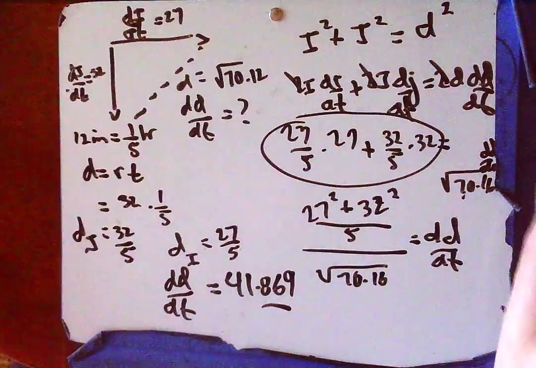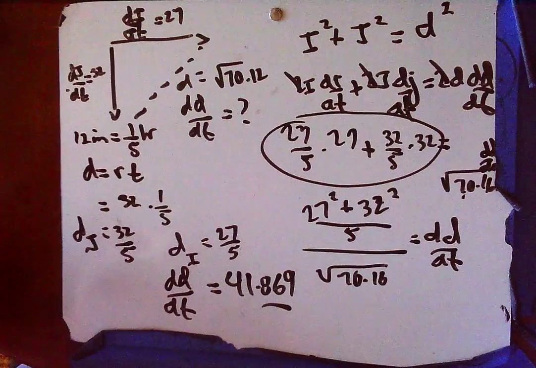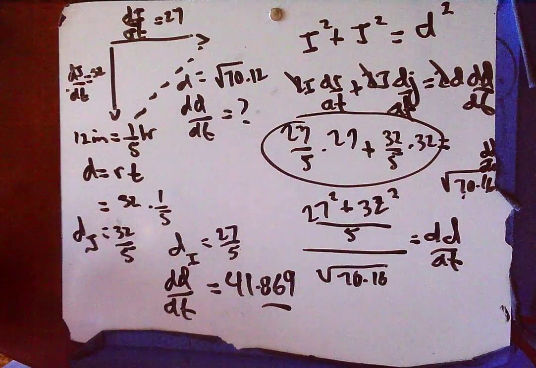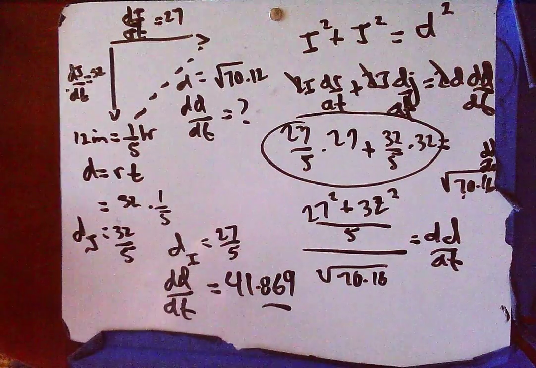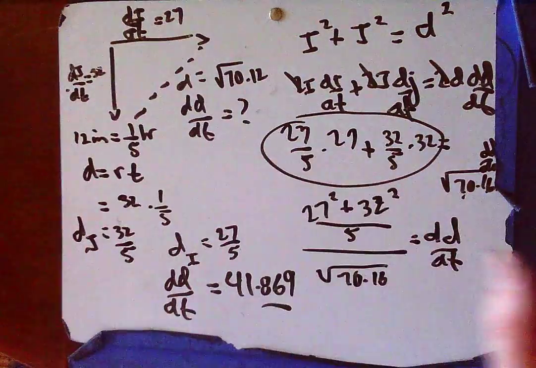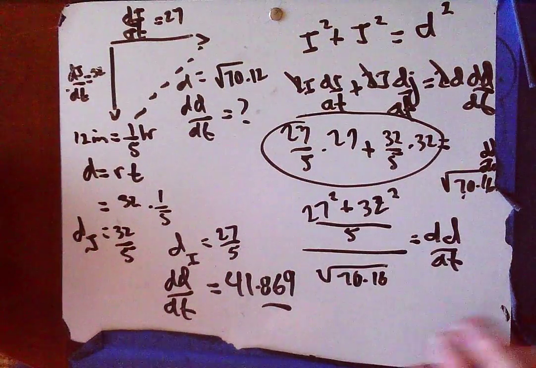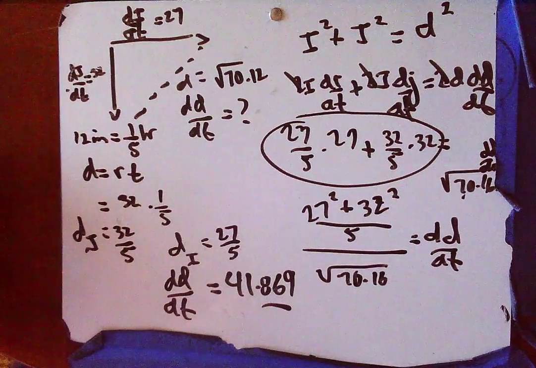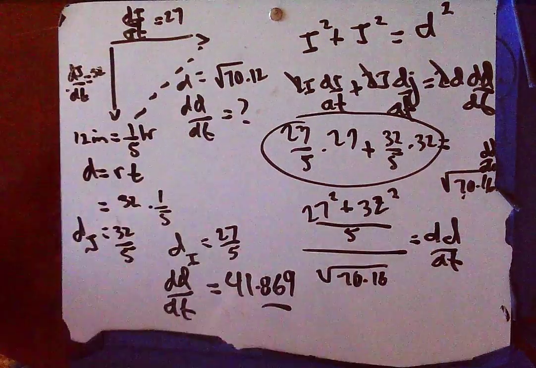It's just that the answer I had written at the bottom of the page was not the correct answer. So let's change this answer to 41.869 miles per hour. Nice. Well, we got to do that one twice. Do you feel lucky?